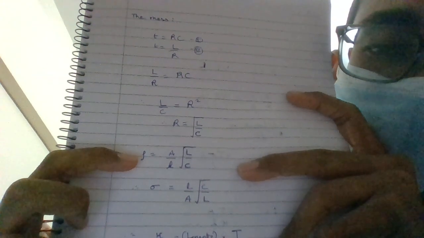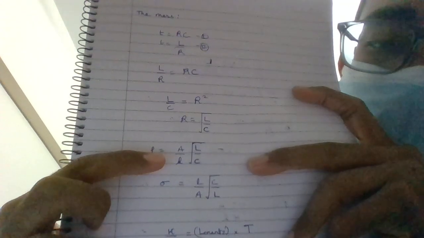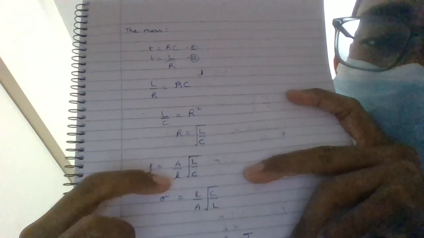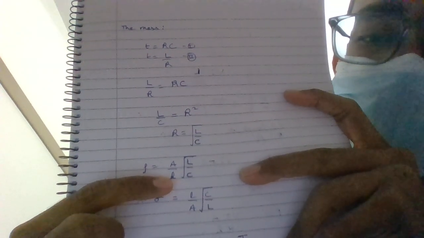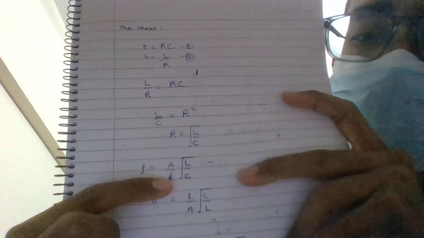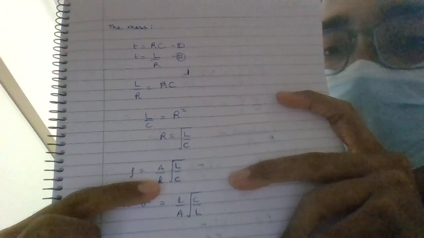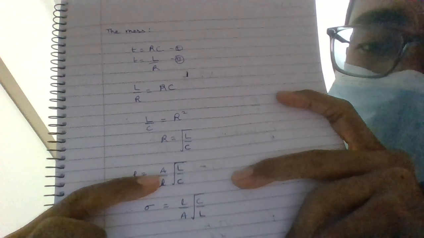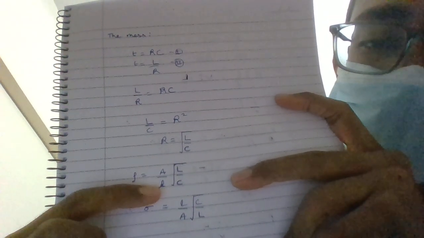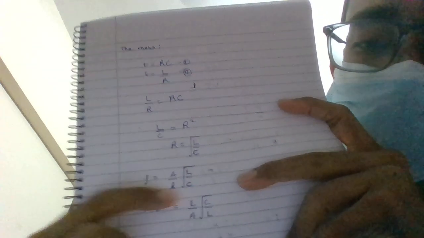Now we have to take this into the resistivity formula. That way we can have this. I chose the length l to be lowercase in order to not make this confusing at all, but I'm sure it already kind of is. Anyways, you've got the cross-sectional area divided by the length times the square root of inductance upon capacitance.